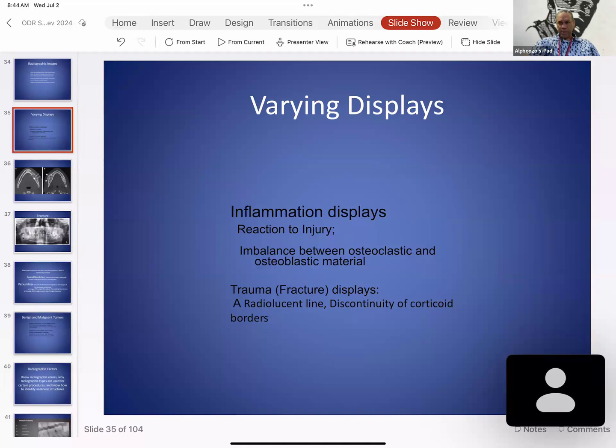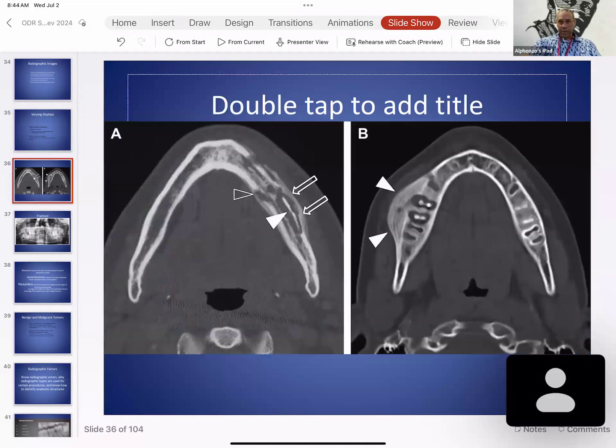And then trauma: when you see trauma or a broken jaw, something like that, you'll see a radiolucent line, and you might be able to see the cortical borders look different. So here's a good example of both of those. What condition is this? This is probably osteomyelitis. With osteomyelitis, we get this separation of bone.